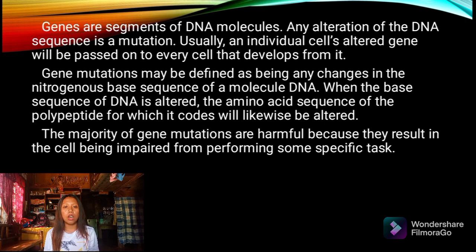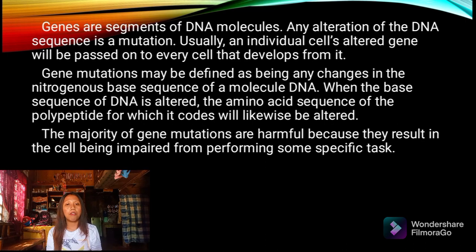When the base sequence of DNA is altered, the amino acid sequence of the polypeptide for which it codes will likewise be altered. Such an alteration may affect the operation of the resulting enzyme, preventing it from properly catalyzing its reaction and thus preventing a trait from being expressed by the cell.